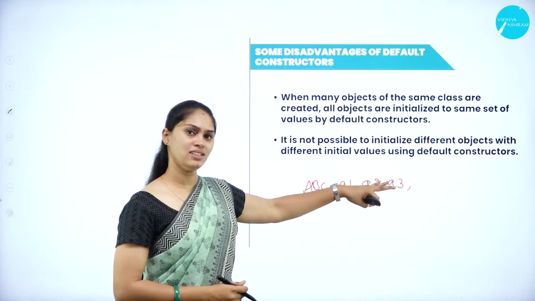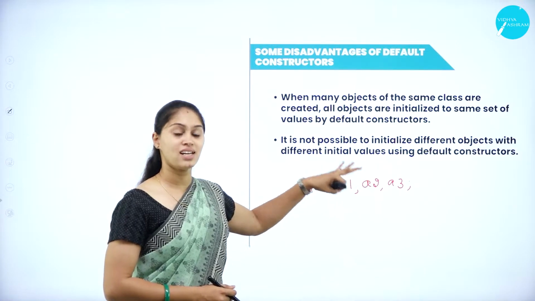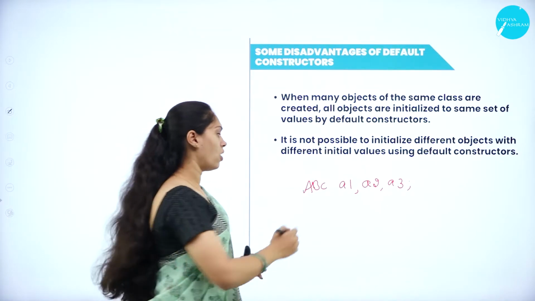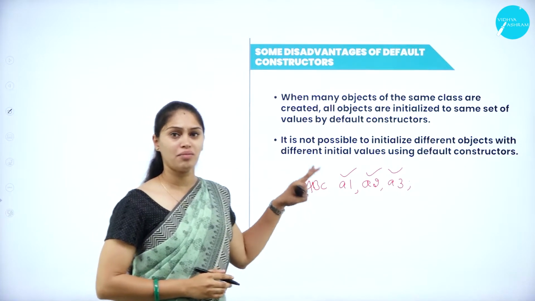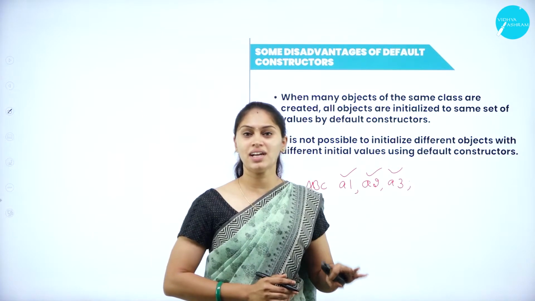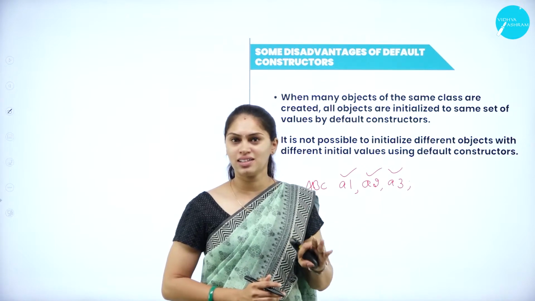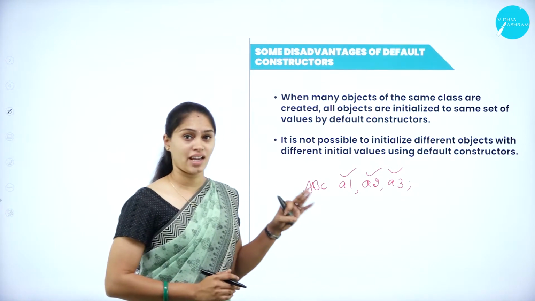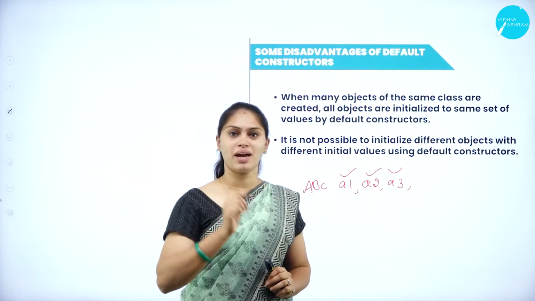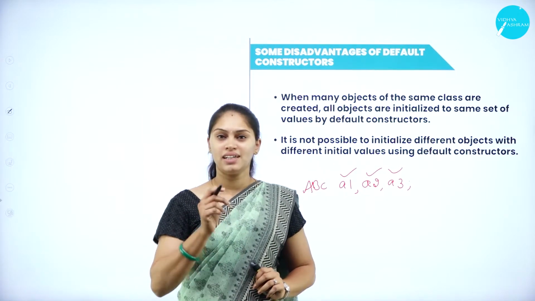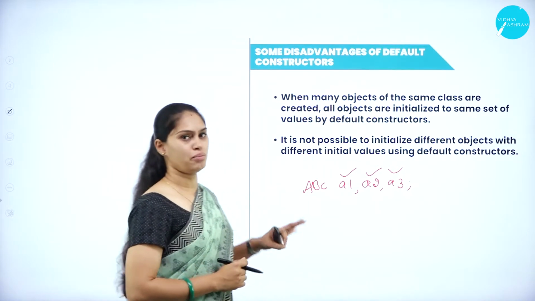A1, A2 and A3. When I am using this default constructor, all the 3 objects will be initialized to the same set of values. I repeat, all the objects of a class will be initialized to the same set of values if I am using a default constructor in my program.